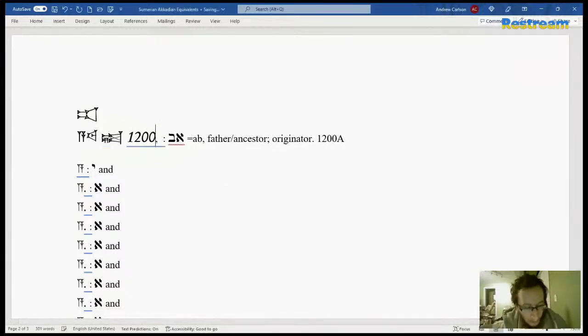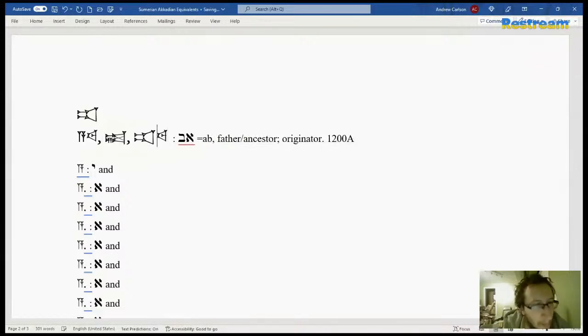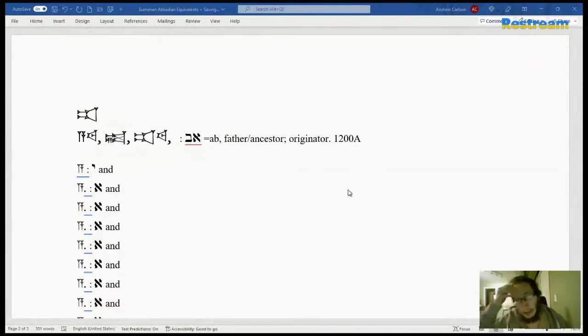Okay, so 1200A and 12,040. Well, these are three of the ways that you could spell it. And then the phonetic spelling, you have these other ones. I could look up these two as well, but I'll do that on my own time, at a different time. So you could see that's how it works.